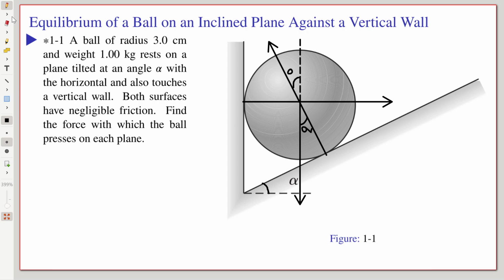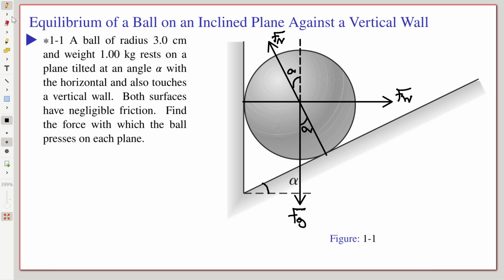This is alpha again. Let us label the directions of the forces. This is Fw, the wall force, and this is Fg, the gravitational force acting on the ball straight downward, and this is Fn, the normal force that is perpendicular to the surface of the incline, but tilted along this dashed line, as you could see.